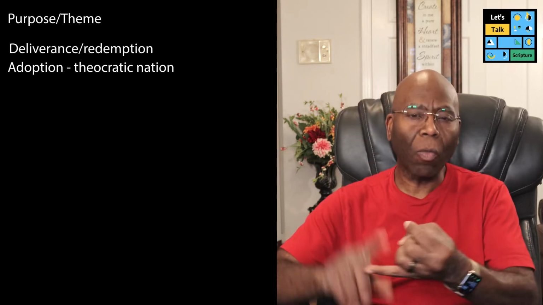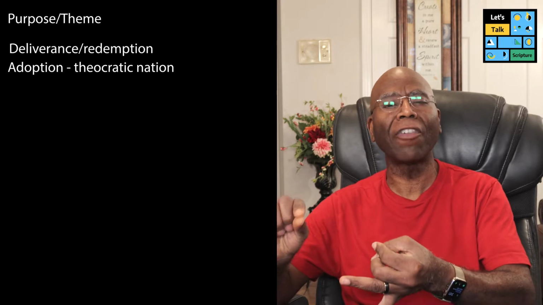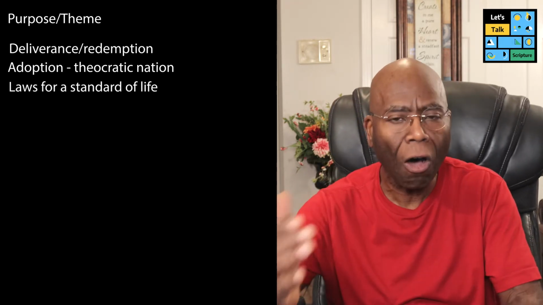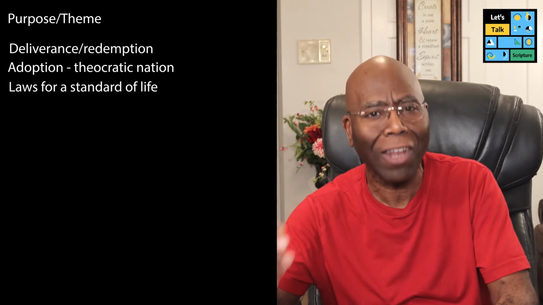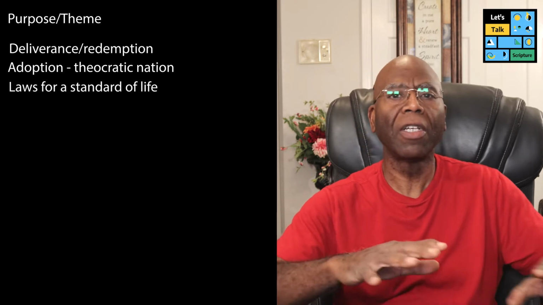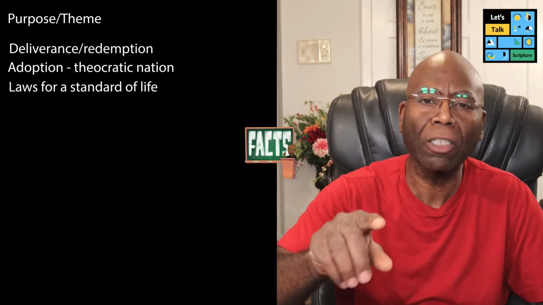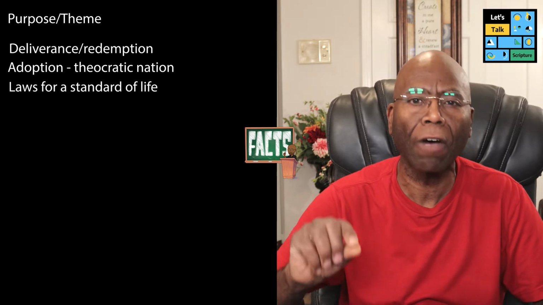So what do we see? Number one, deliverance. Number two, we see the establishment of a theocratic nation or government. And then we see the laws to govern that nation. This is the standard of life that will be given to the people of Israel. You'll see that standard of life, as people talk about it, as the 613 commandments of the Torah.